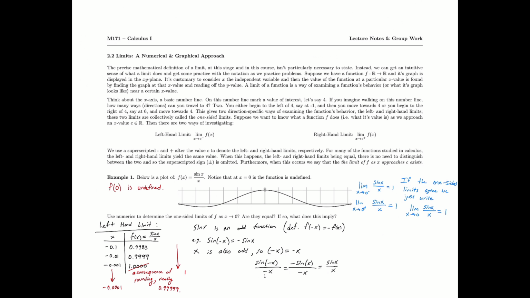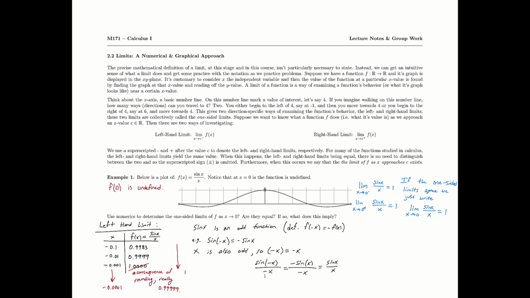So if you compare this chart, we are plugging in negative x's, and if I do the right-hand limit, I'd be plugging in positive 0.1, positive 0.01, positive 0.001. So I'm just going to use this argument right here to say that we're going to have the exact same results by symmetry, an odd symmetry.